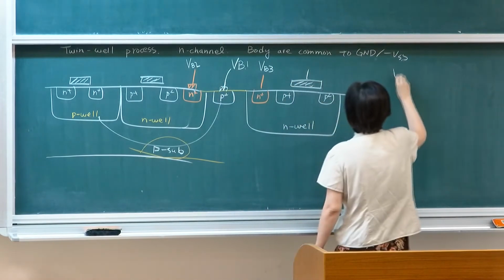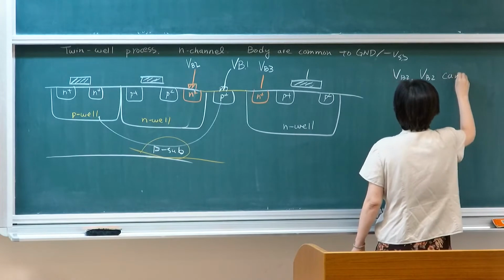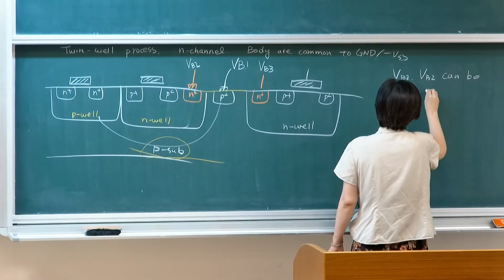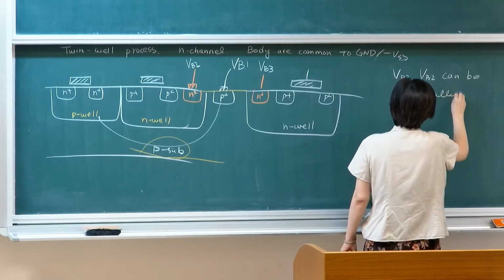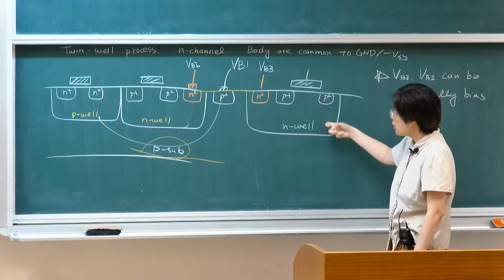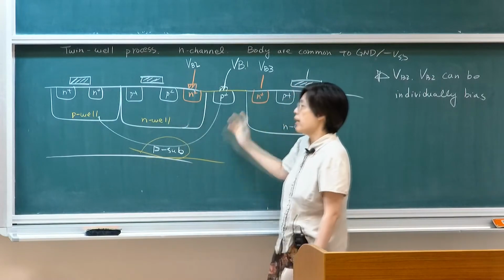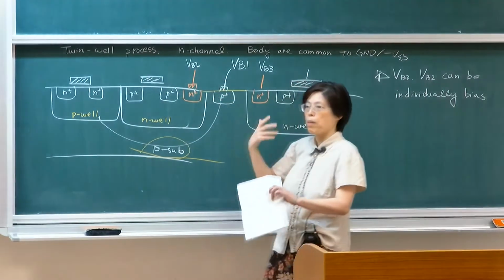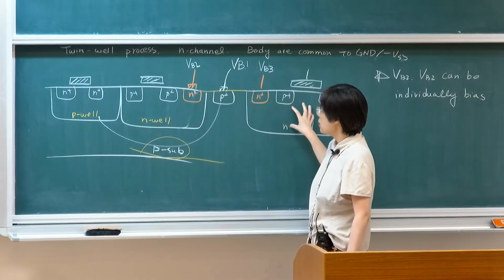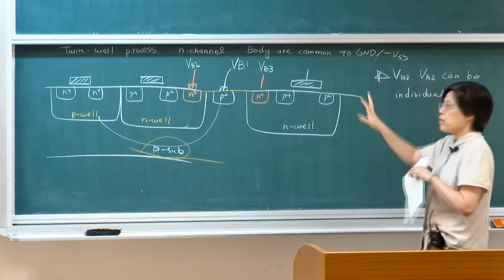Therefore, VB1, VB2 can be individually biased, therefore, this well can have a different potential from this well. So if that's the case, then you could do what we call the source body type. We'll then have independence of my biasing condition because this well and this well are not connected together. So there's a main difference if you're doing twin well process.